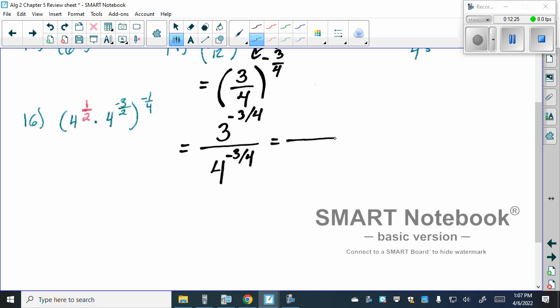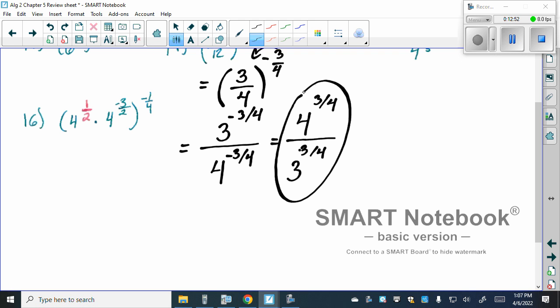Now, we can't leave those fractional exponents negative, so to make them positive, we move it from the numerator to the denominator or the denominator to the numerator. So our 3 would move to the bottom of the fraction, and the 3/4 would become positive. The 4 is going to move to the numerator, and its exponent would become positive as well. If we move it from the numerator to the denominator, the sign in front of the exponent changes from negative to positive or positive to negative.